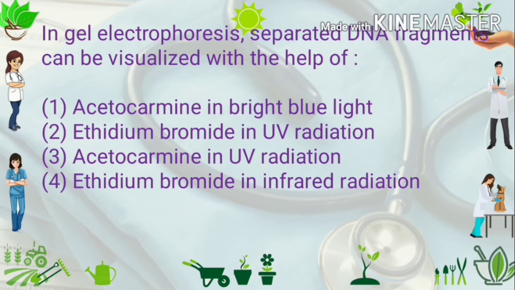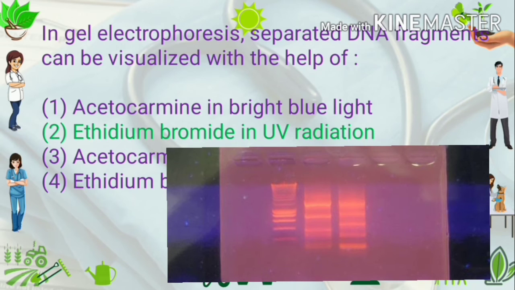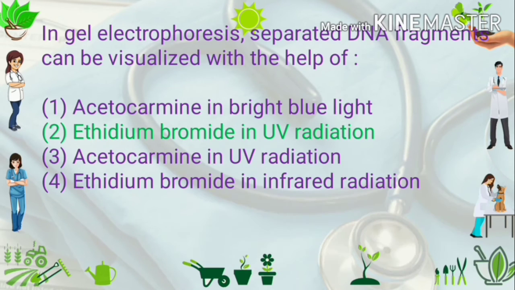In gel electrophoresis, separated DNA fragment can be visualized with the help of option A, acetocarmine in bright blue light, option 2, ethidium bromide in UV radiation, option C, acetocarmine in UV radiation, option 4, ethidium bromide in infrared radiation. The answer is ethidium bromide in UV radiation.